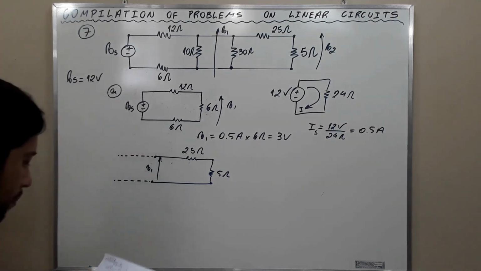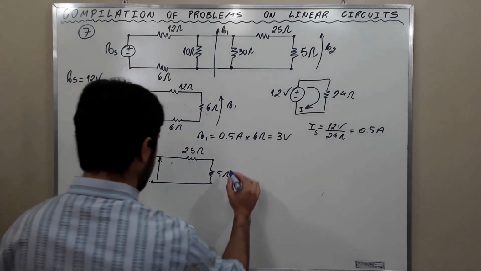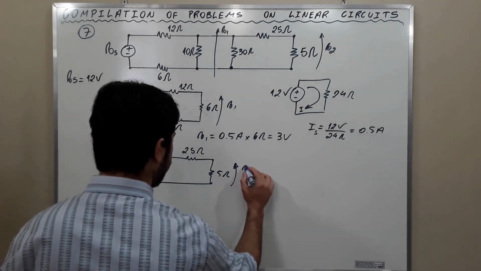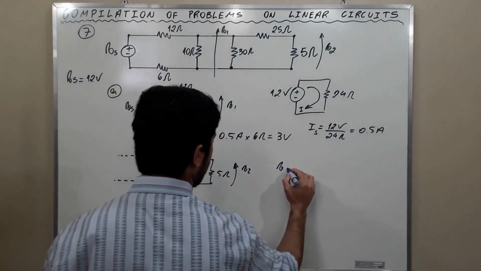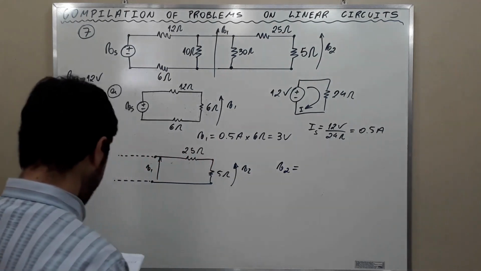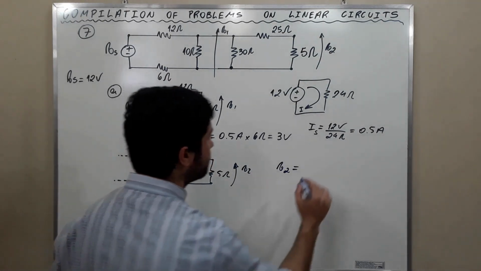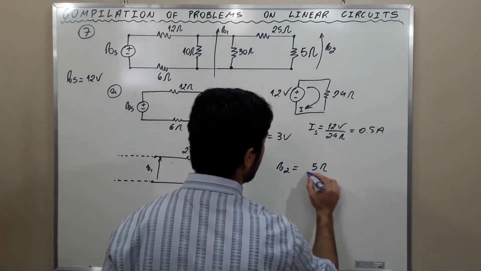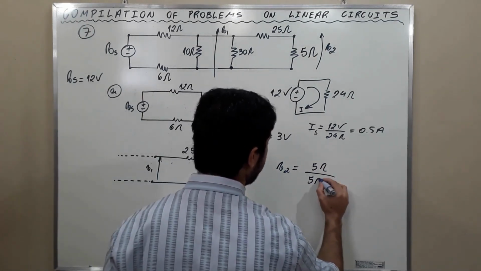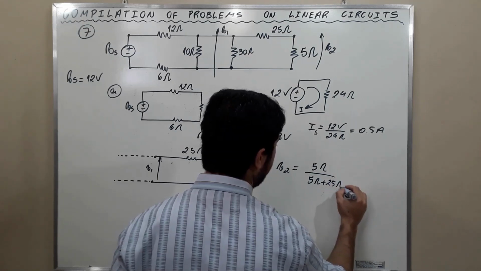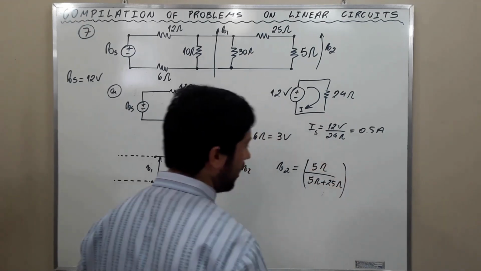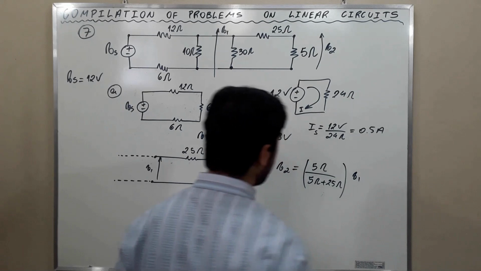Applying the voltage divider rule, we obtain that V2 is equal to 5 over 5 plus 25 times V1.